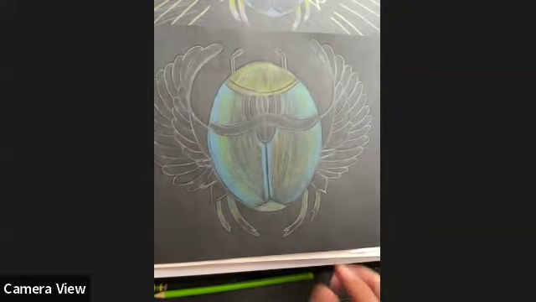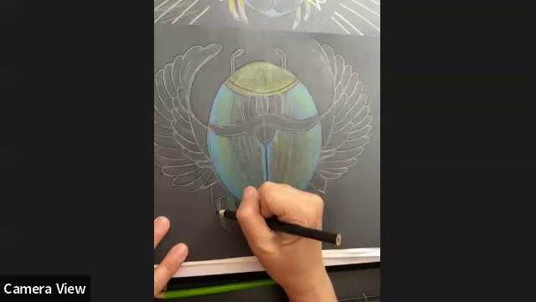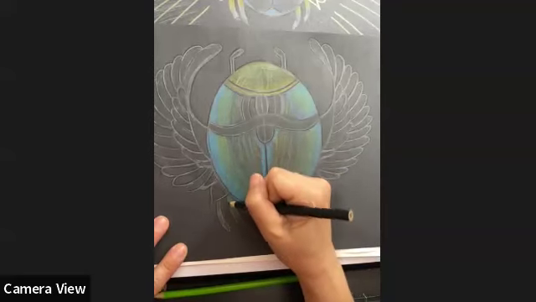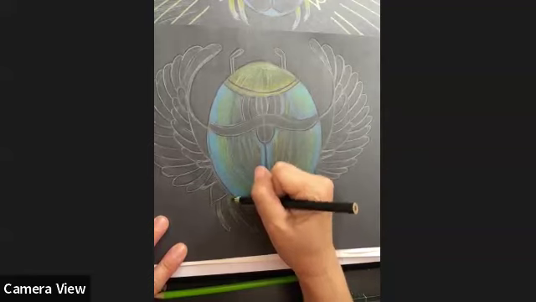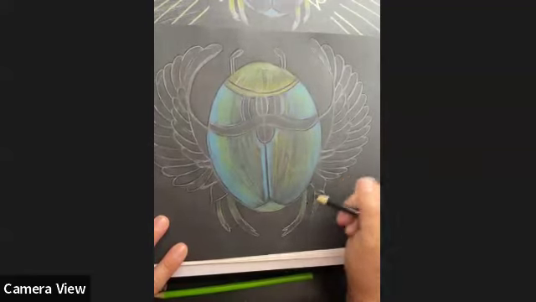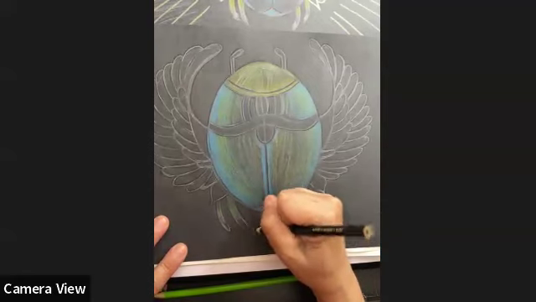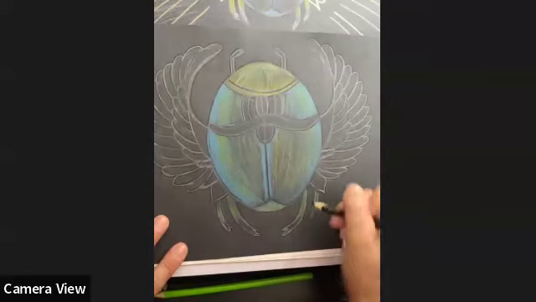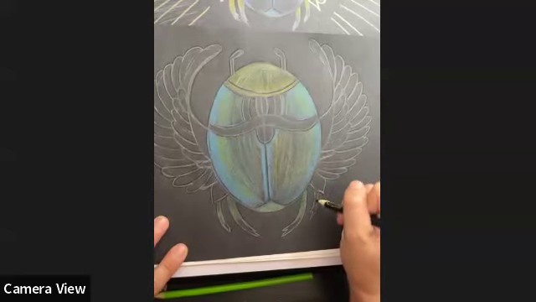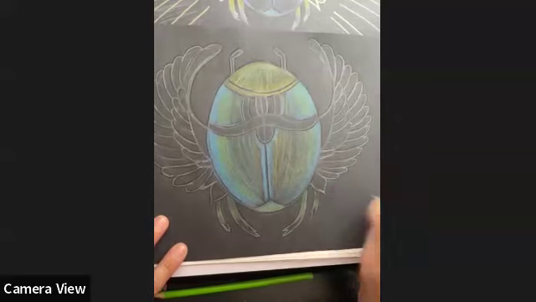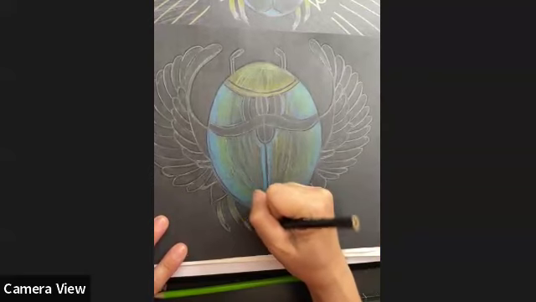You could even go back in with black. This is for the legs. And again, I didn't do this on my original. I'm just doing it now because I think it's kind of fun. Add a little detail.